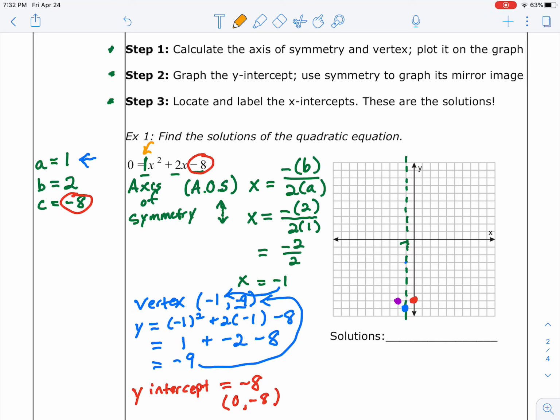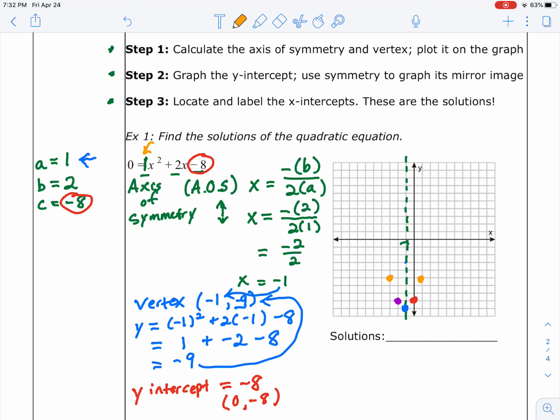And if you have an a value of 1, you're always going to have the same pattern of over 1 up 1 for the two points that are immediately adjacent to the vertex. So the next point will actually be over 2 and then up x squared. In other words, up 2 squared. So 1, 2, 3, 4. And then over 2 to the left, 4. We're just going to reflect that point.